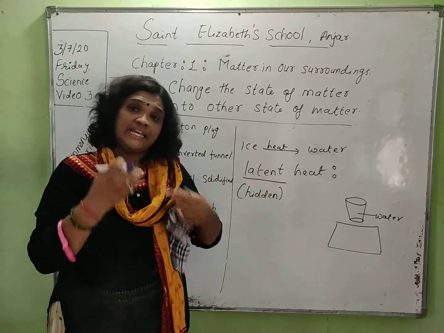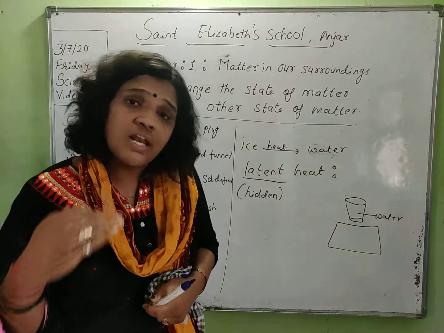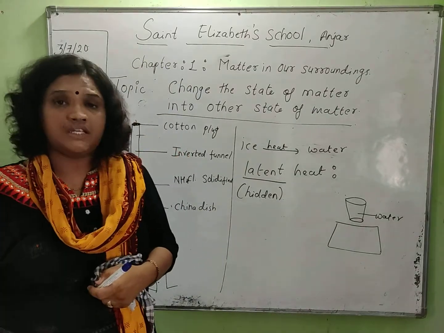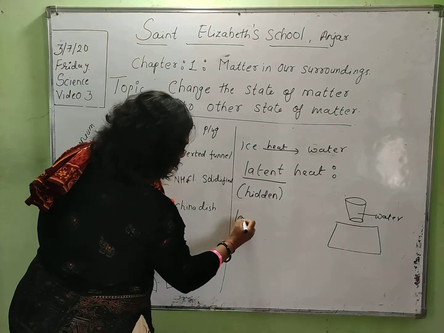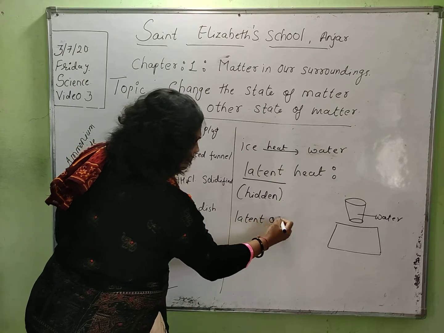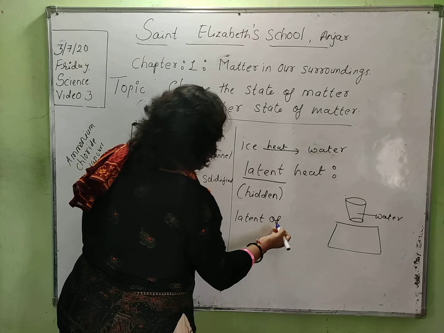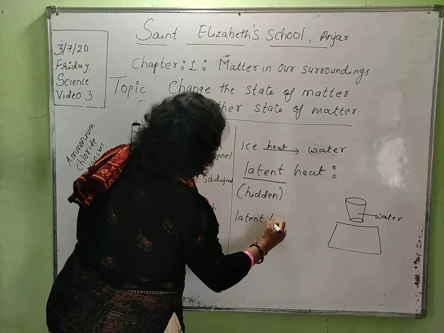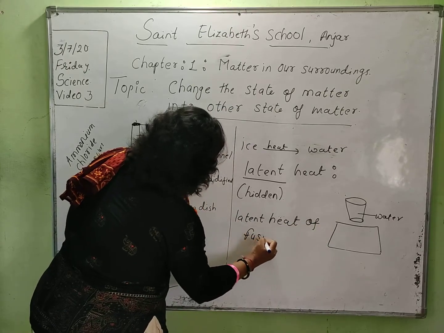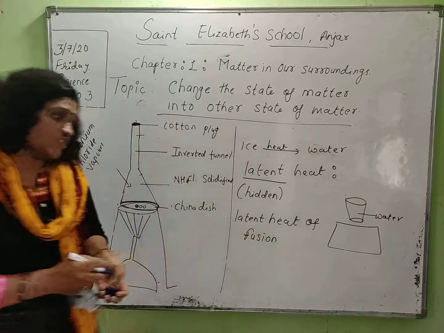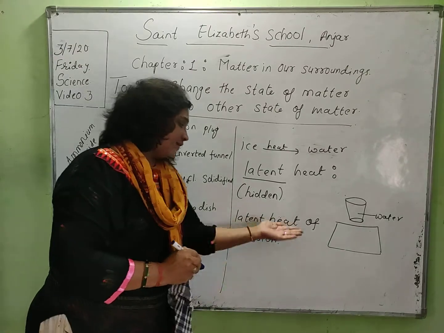The heat which is used to convert a solid particle into liquid is known as latent heat of melting. Sometimes we use latent heat of melting, but in your textbook it is called latent heat of fusion.